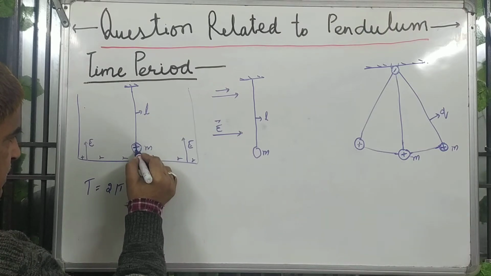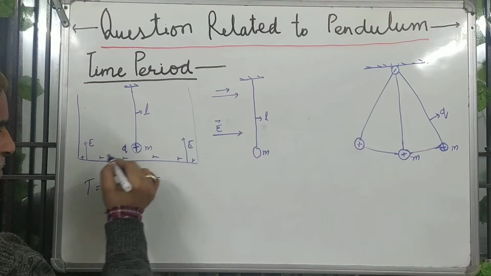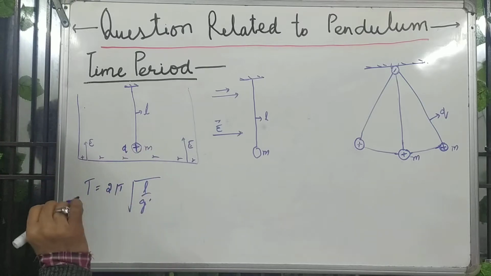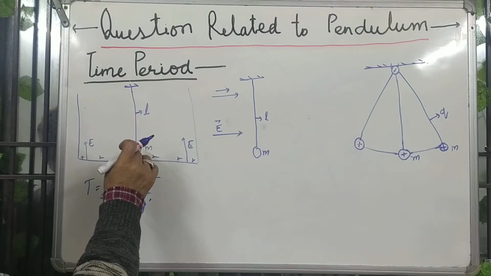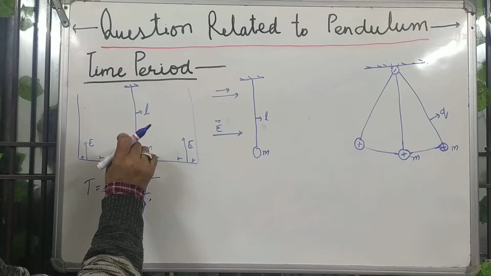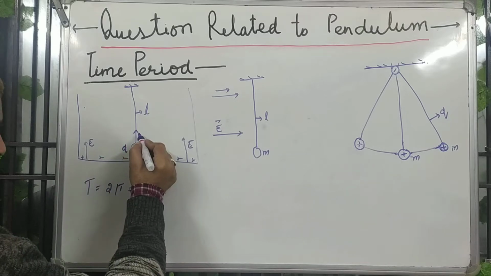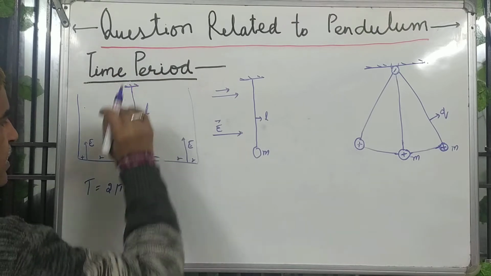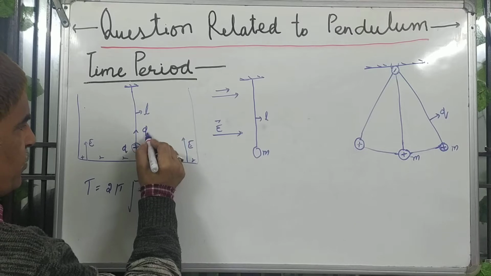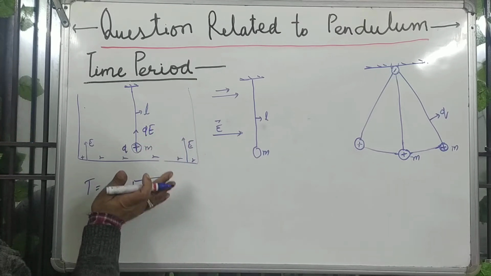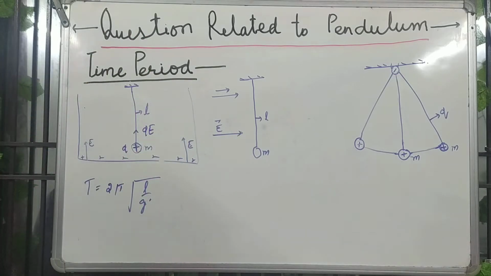This is the charge Q on the pendulum, length L, mass m, and this is the bob of the pendulum having charge Q. On this, the QE force will act upward, since there is a uniform electric field upward.